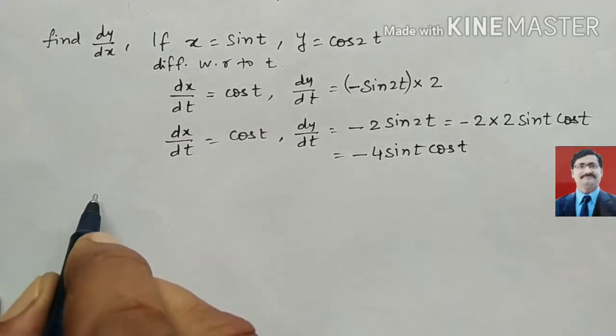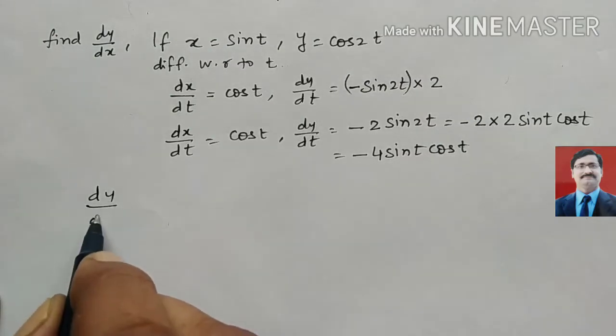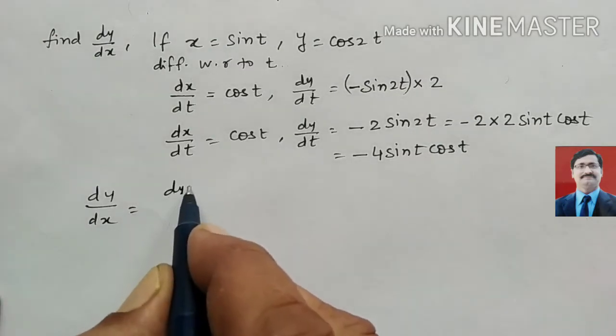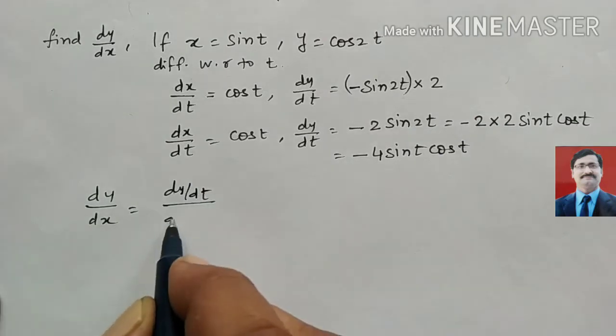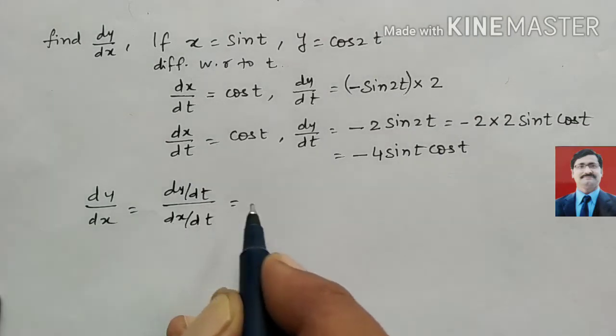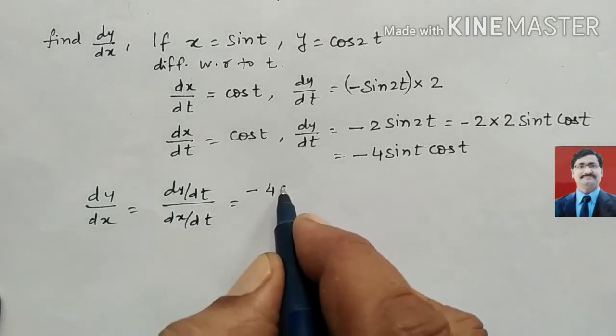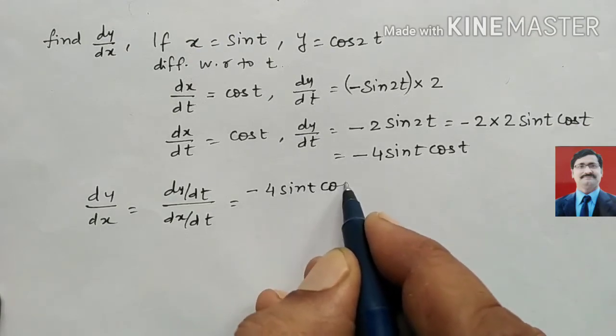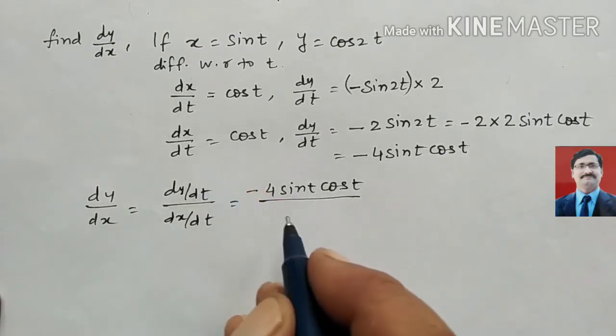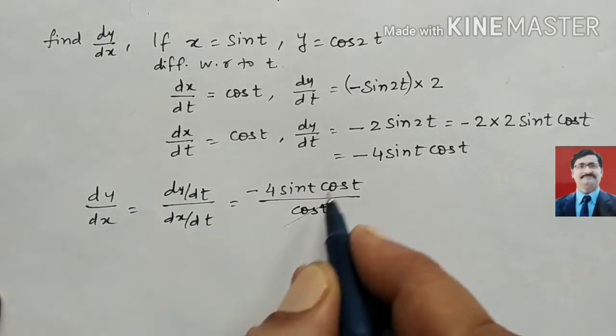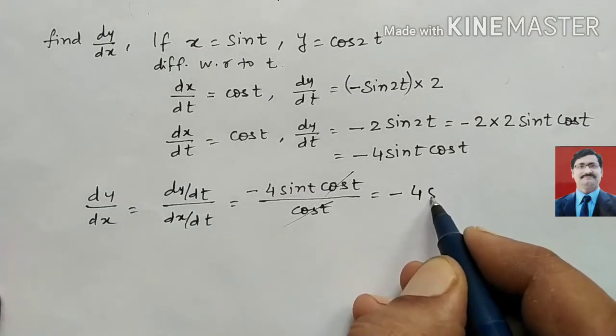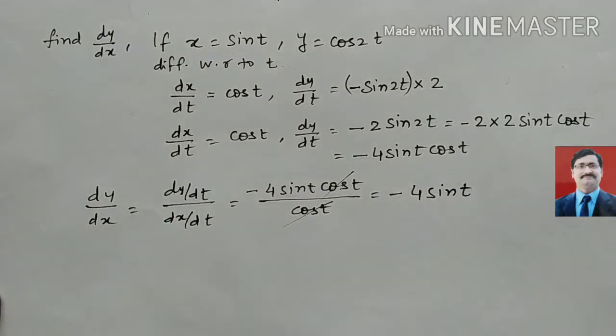Now we have to find dy by dx. Dy by dx is equal to dy by dt upon dx by dt. Dy by dt is minus 4 sin t cos t, and dx by dt we have cos t. You can cancel this cos t, and you get minus 4 sin t. All of you understand this?